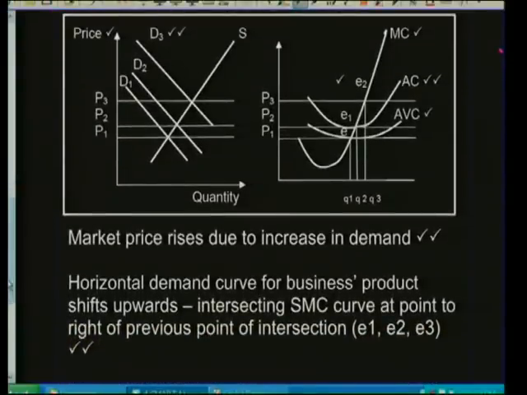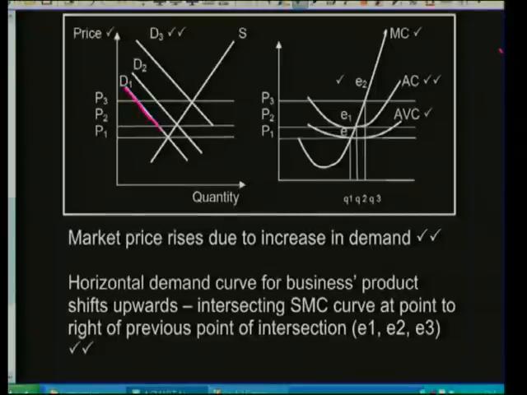Right, the next graph indicates that the market price rises due to an increase in demand. So in your normal market, the complete market situation for the perfect market, as there's an increase in demand, and what we see in this example, there's D1, so this is where we start with our original supply curve. Price is going to be P1.